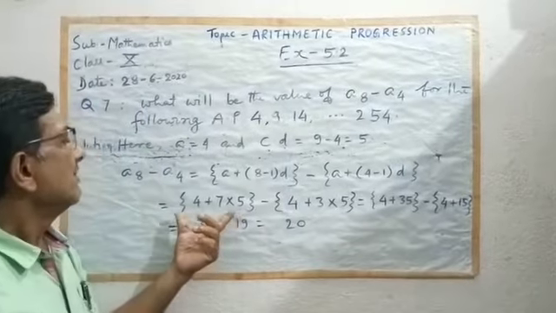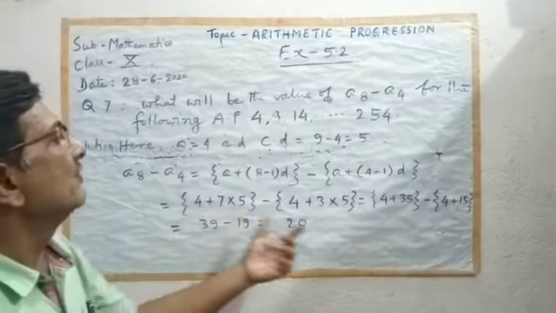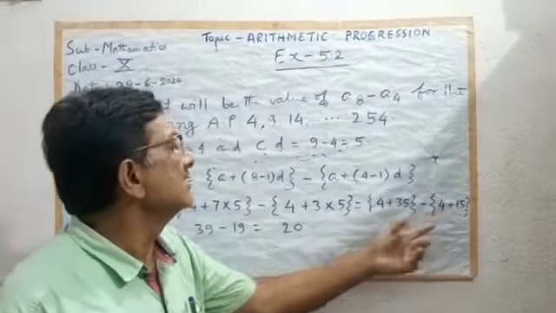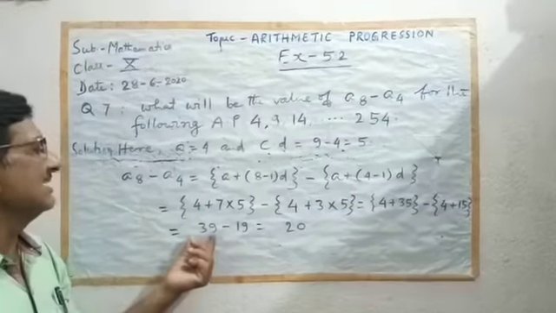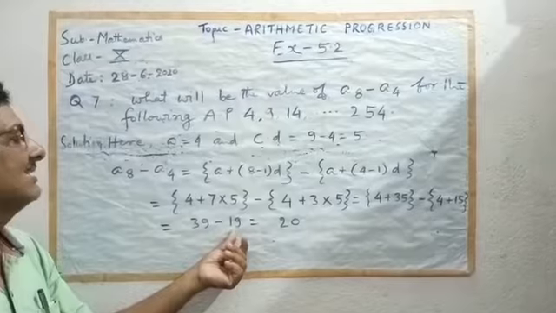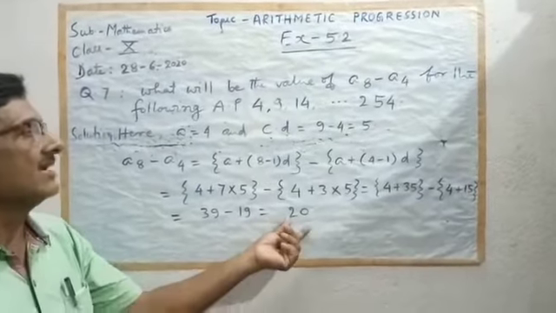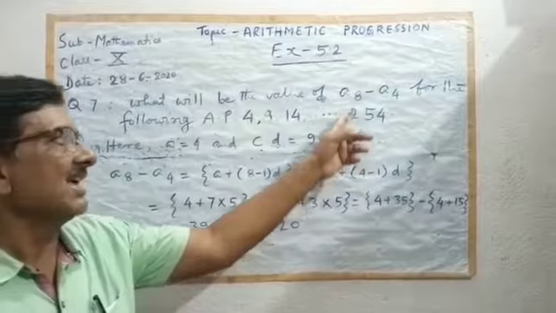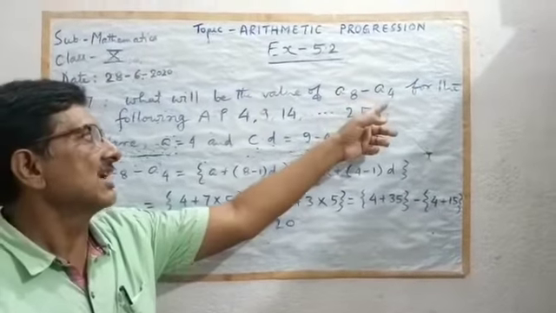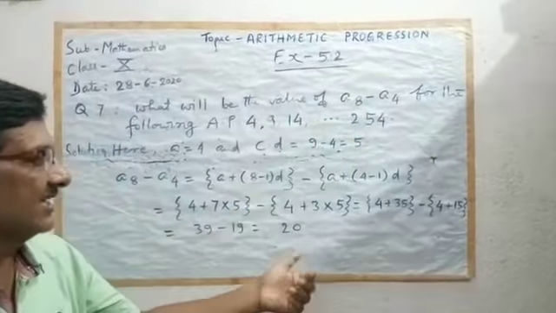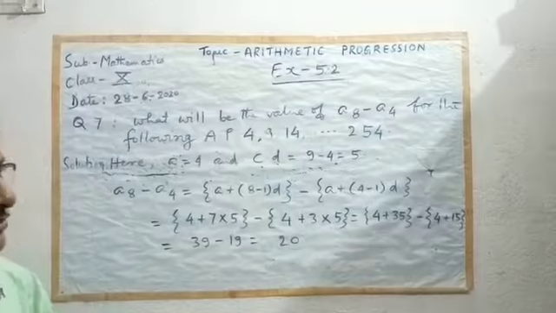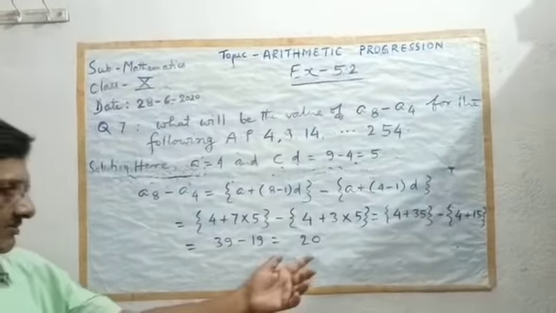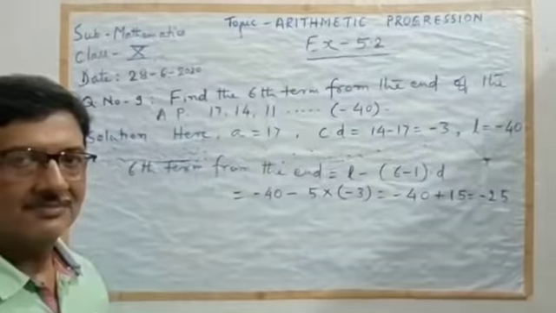By calculation it is 4 plus 35 minus 4 plus 15. So ultimately it is 39 minus 19, that is equal to 20. So what we are finding here is that the difference between the 8th term and 4th term of the given AP is 20. So we can calculate and reach the result.